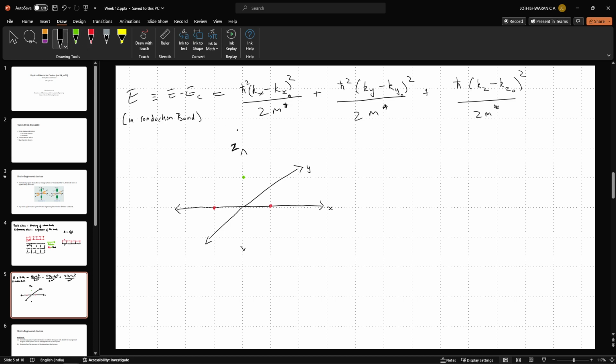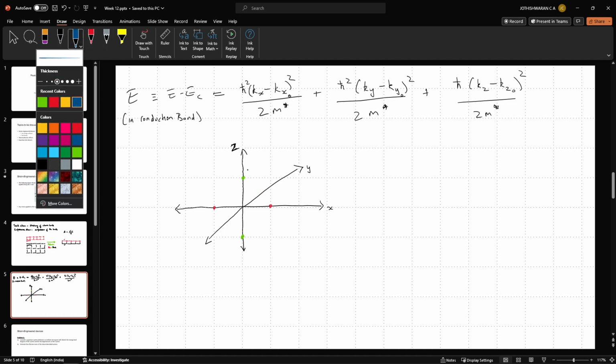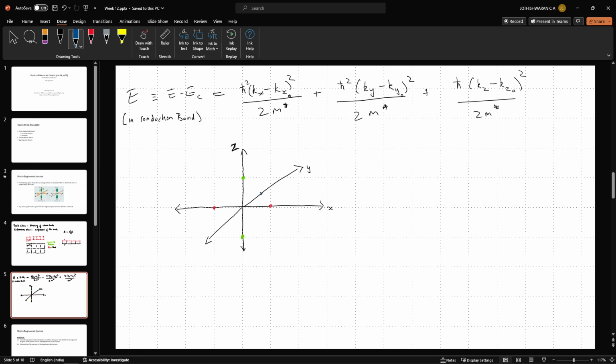And we have some ky. So we will essentially have ellipsoids around each of these center points.